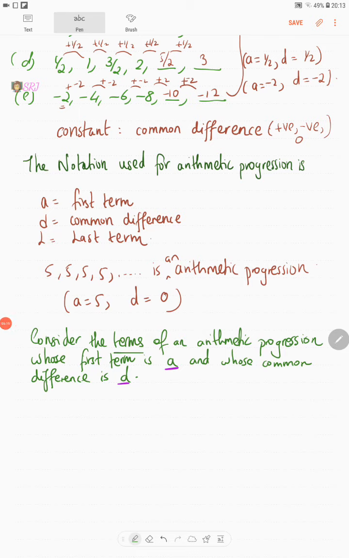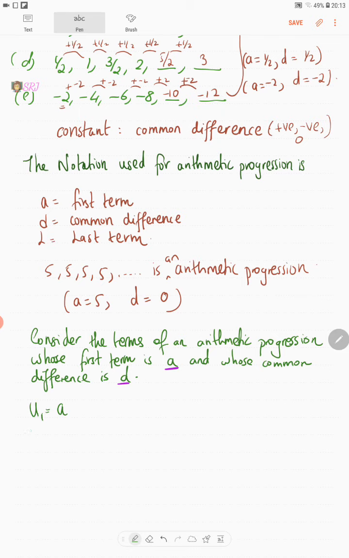Let's now consider the terms of an arithmetic progression whose first term is a and whose common difference is d. So we have the first term, which is a. We use u subscript 1 to denote the first term. So u1 is a.